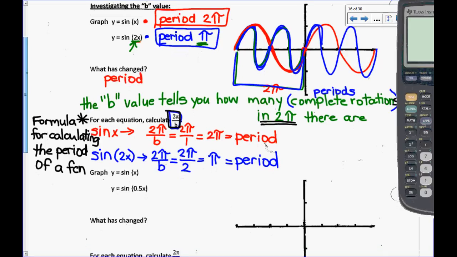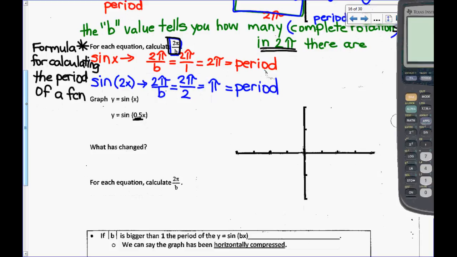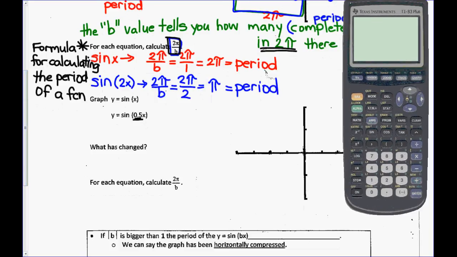Okay, well, let's see what happens if that number we're multiplying x by, that b value, is a decimal less than 1. So again, go back into your calculator. You can leave your y1 as sine of x, and just change your y2, instead of sine 2x, to sine 0.5x.